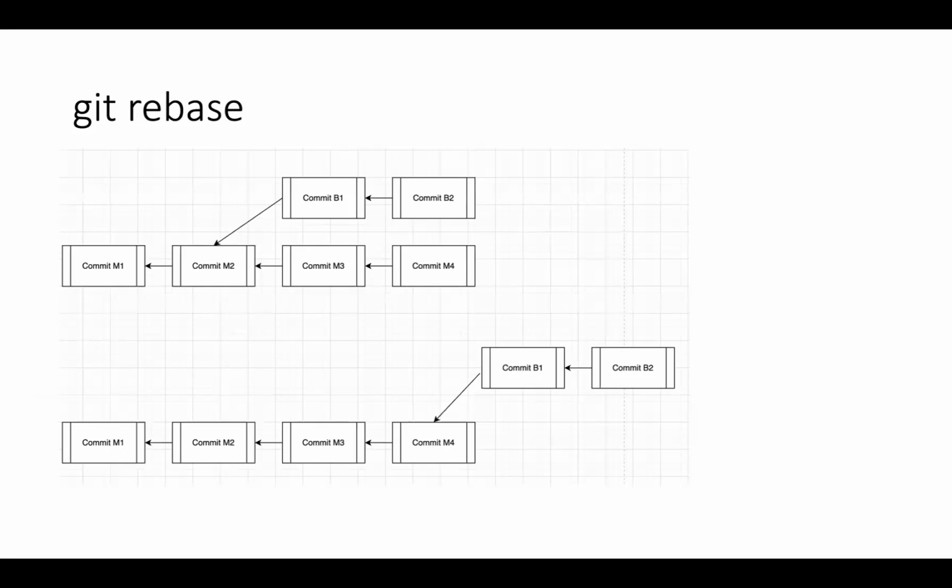Git rebase is an interesting feature. If you don't want to do a merge, and you are working on a branch which was created from the master branch, but you want to get the changes made in the master branch into your working branch, my branch, then we can use rebase, where the reference of B1, which is pointing to M2, will be changed to reference M4.